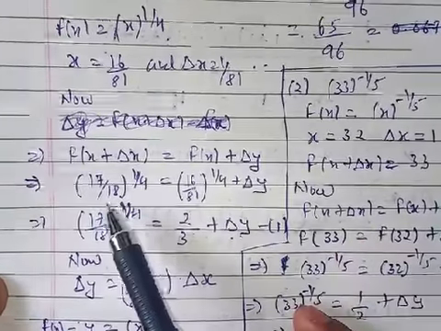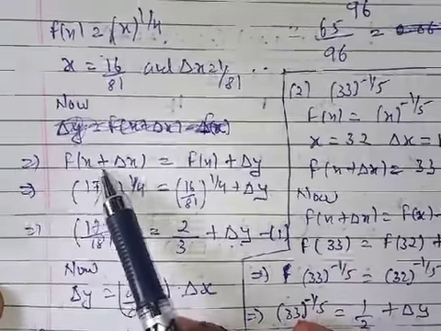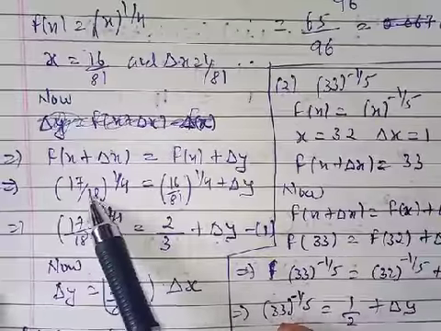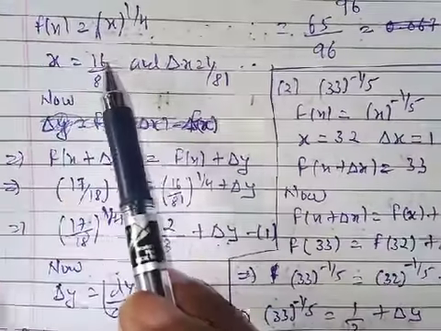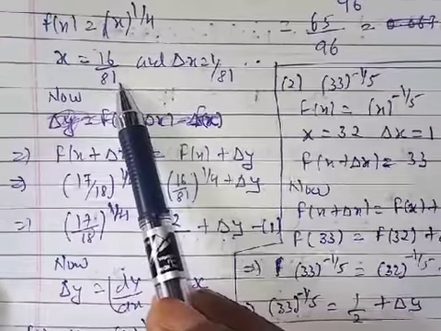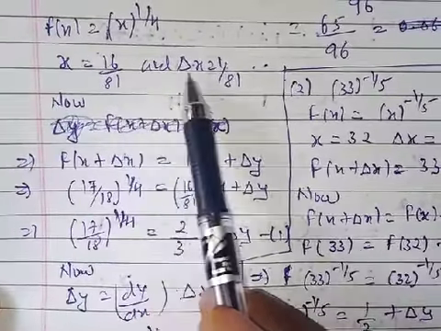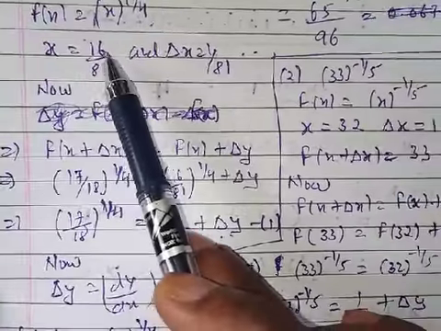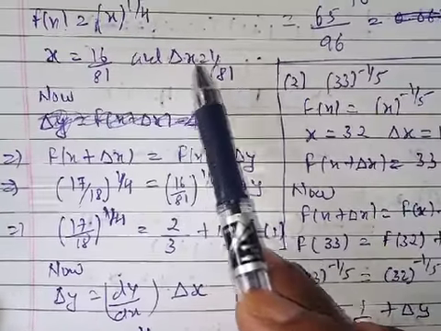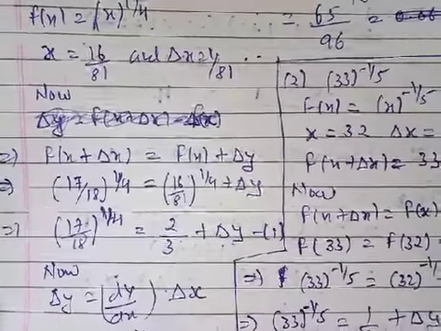So f of x plus delta x is 17 by 81 raised to 1 by 4. If you add it, you will get the question again. Therefore, I have taken 16 by 81. If you take the LCM and add these two, you will get your question back. Therefore, we have taken 16 by 81 and delta x is equal to 1 by 81.